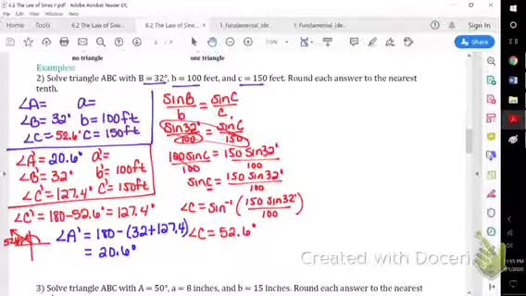Alright, so since I'm almost done with the second triangle, I'm going to go ahead and finish it. I'm going to go find side A. So we know we're going to use B because that's what was given. Sine of angle B over side B will equal sine of angle A over side A. This isn't going to give me much room, so I'm going to have to do this up here. So let's plug in what we know.